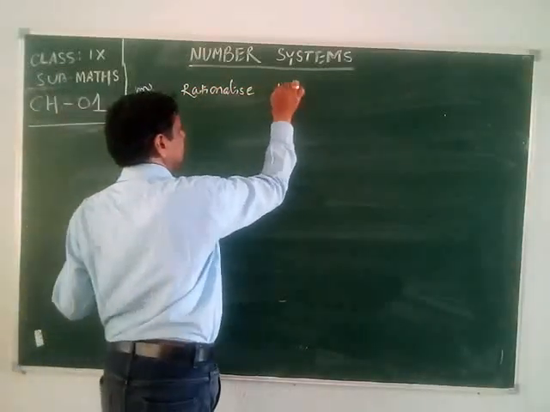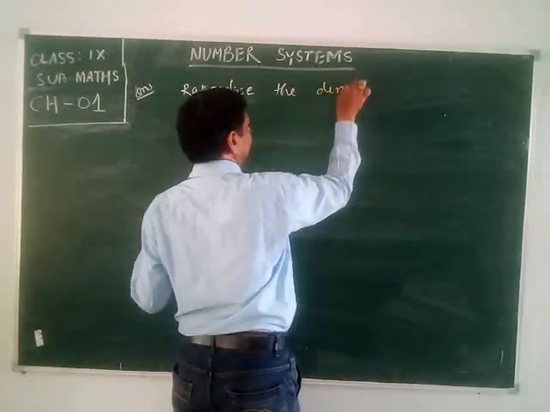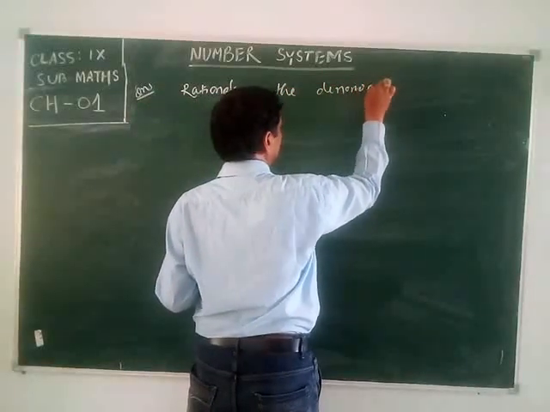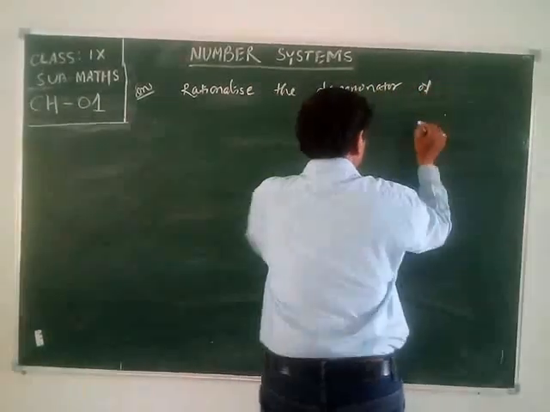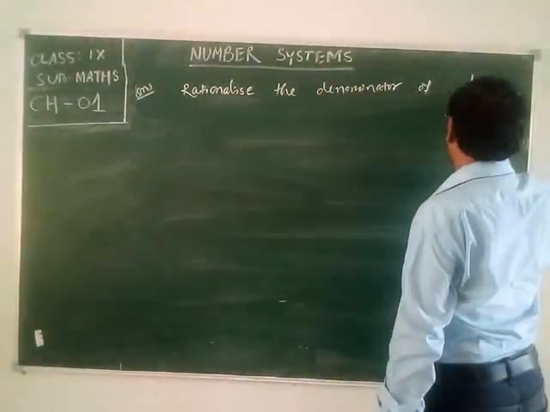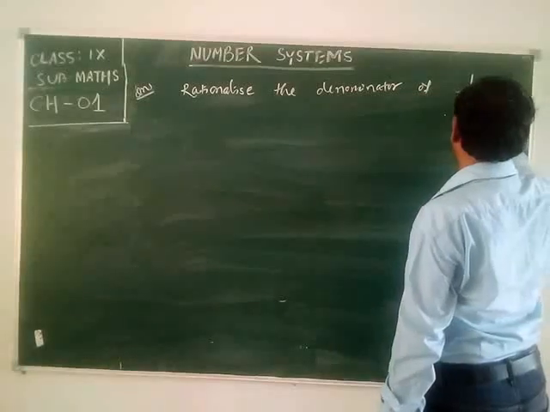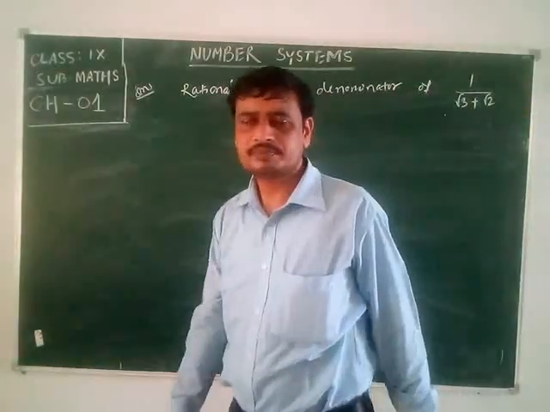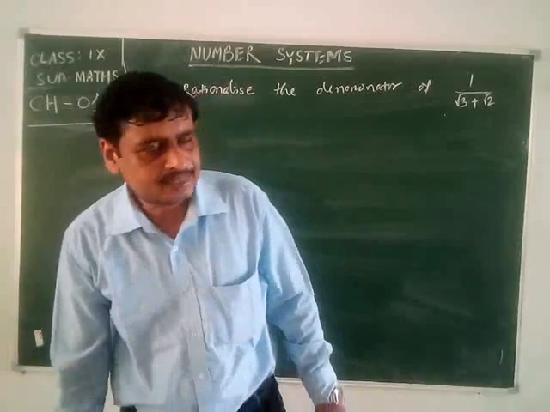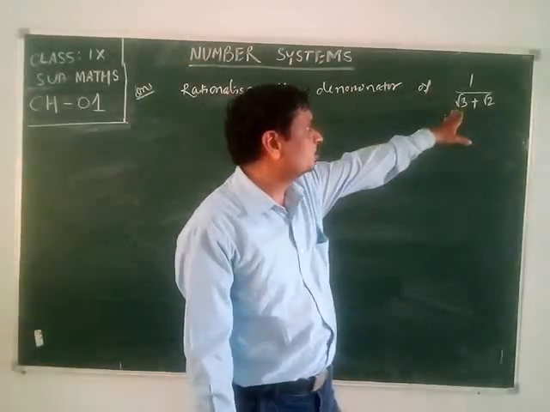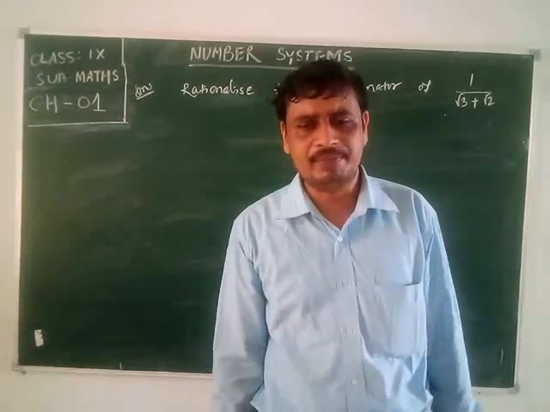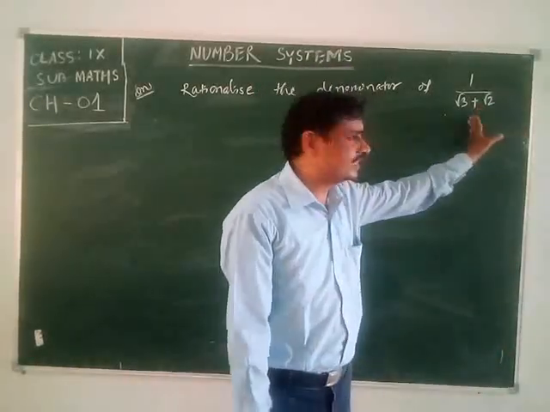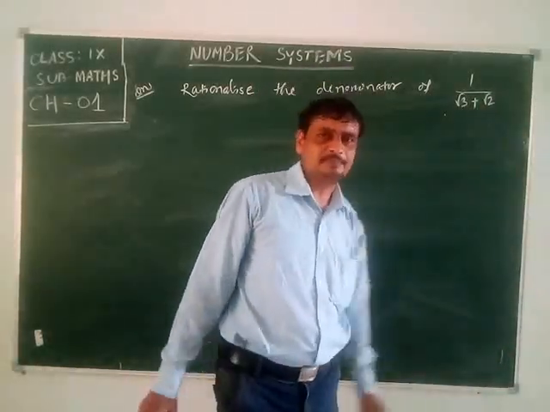Rationalize the denominator of 1 by root 3 plus root 2. When the number is given as 1 by root 3 plus root 2, how do we rationalize the denominator of this number?